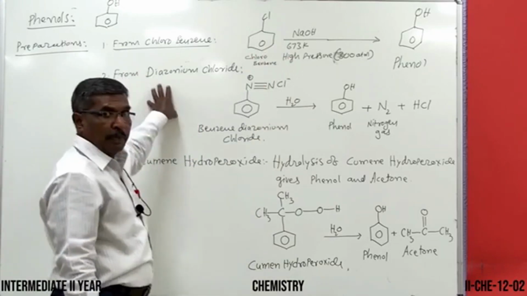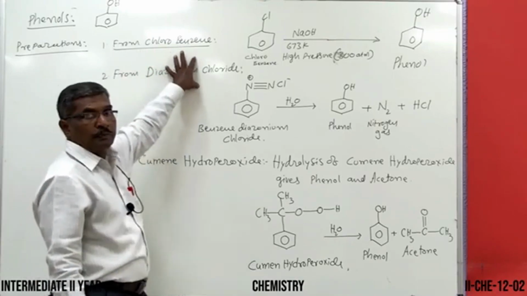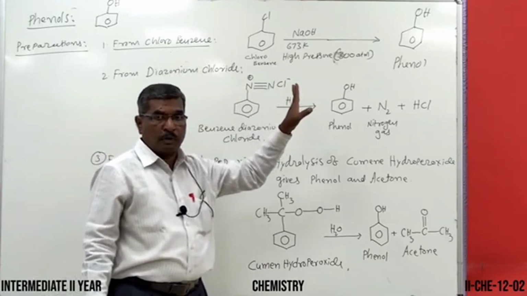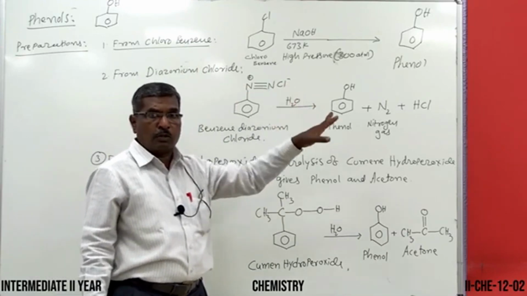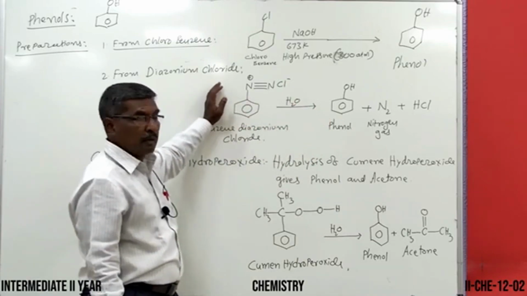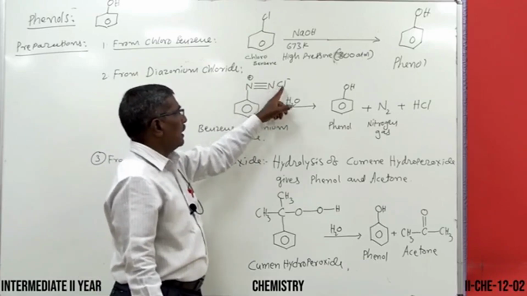The second method of preparation of phenol is from diazonium chlorides, diazonium salt. A compound that contains a cation and an anion is said to be a salt. So it is a diazonium salt, generally named as a salt because this part is a cation and this is an anion.